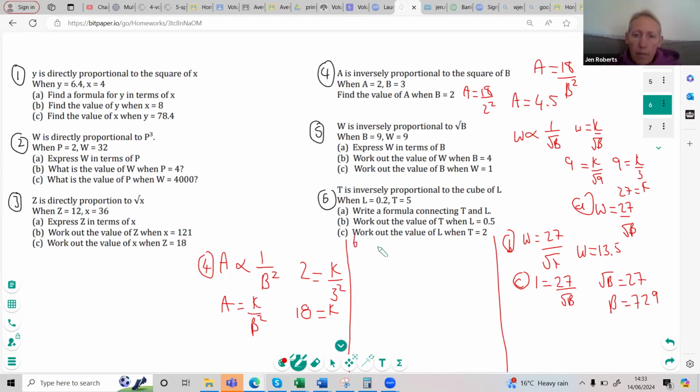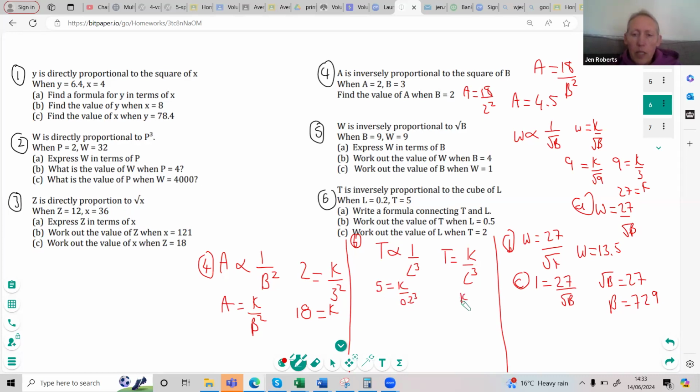Question 6. T is inversely proportional to the cube of L. T equals k over L cubed. When L is 0.2, T is 5. So 5 equals k over 0.2 cubed.